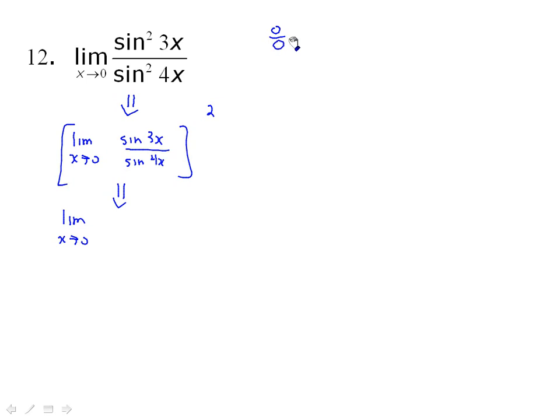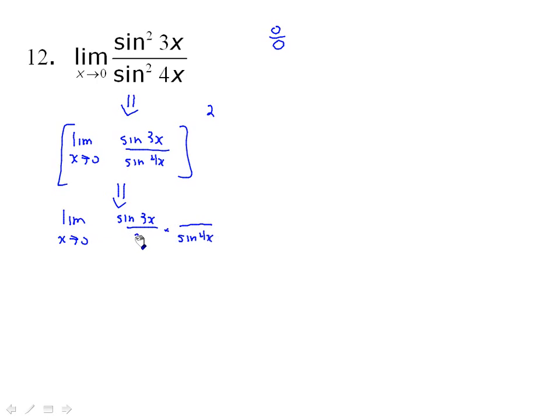The sine of 0 is 0. Sine of 0 on the denominator is also 0. So now we take this one, with sine 3x on top and sine 4x on the bottom.